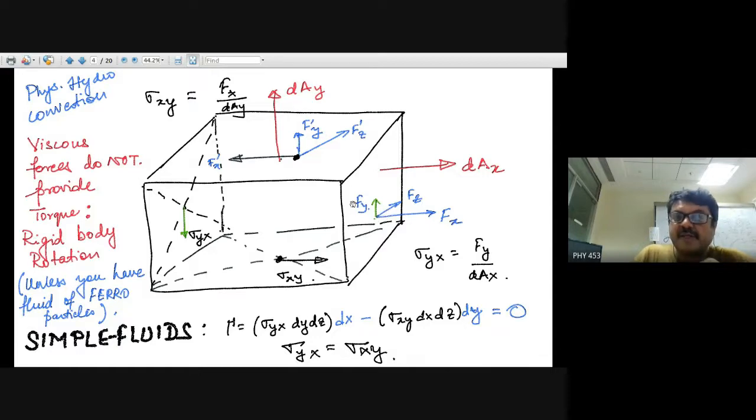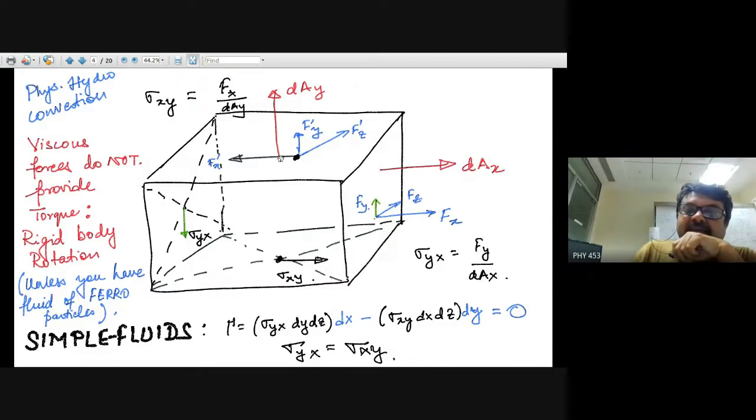So what would be the area? dy into dz is the total area of dAx. Normal is in the x direction. And these two forces are separated by distance dx. So the torque on this will be sigma yx dy dz dx.